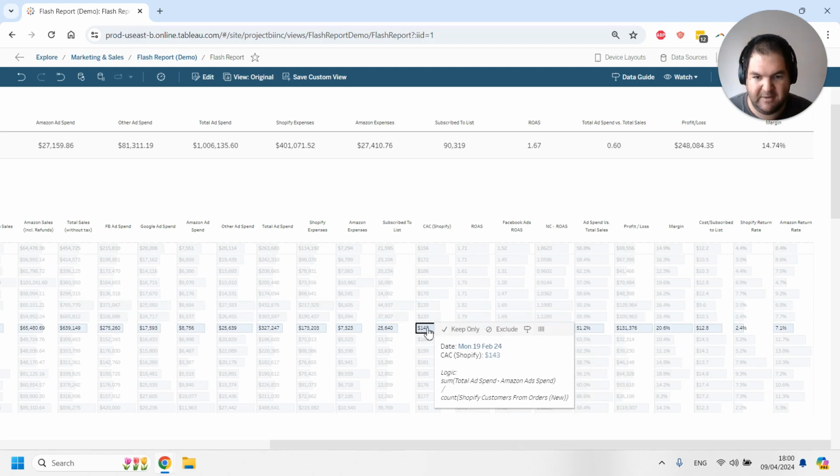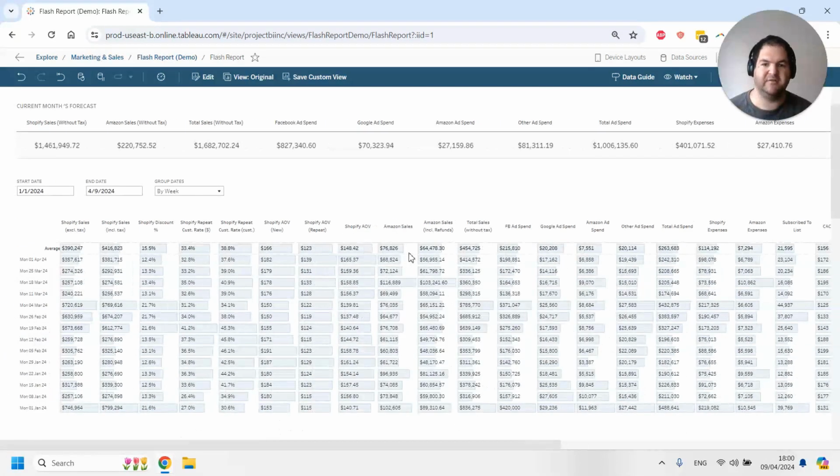So the reason I'm a big fan of this report is I know a lot of D2C brands, especially those that are spending a ton of money on advertising, don't always have the full picture, and it's difficult to see everything in one place. This is a fully automated report, so every day this report is updating. We have clients that are using this report which are updating multiple times throughout the day, just so they can keep track on how the numbers are looking.